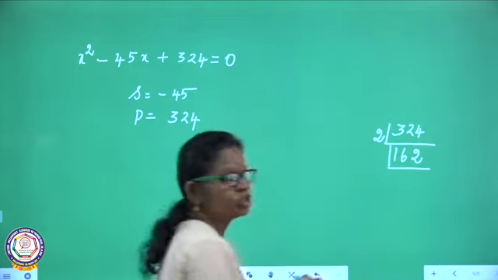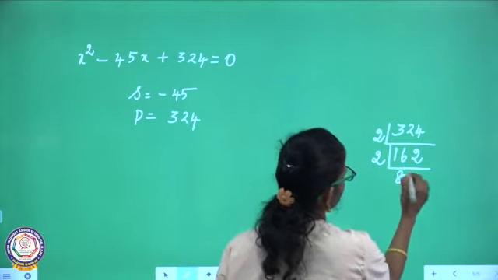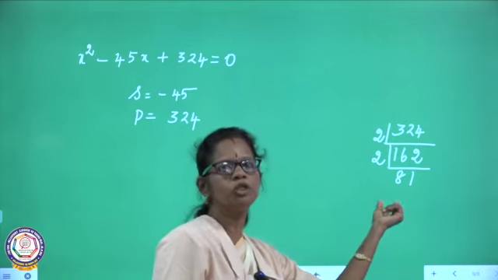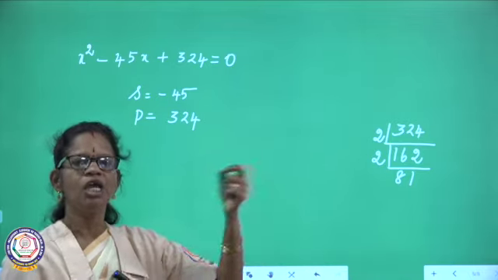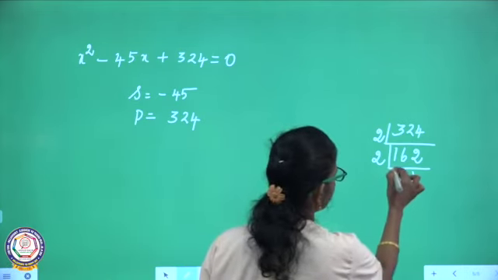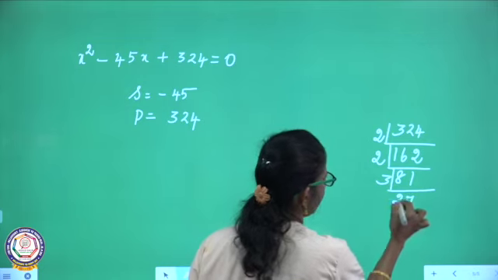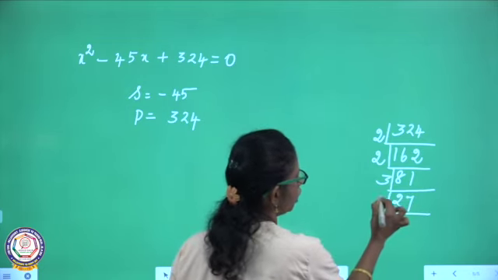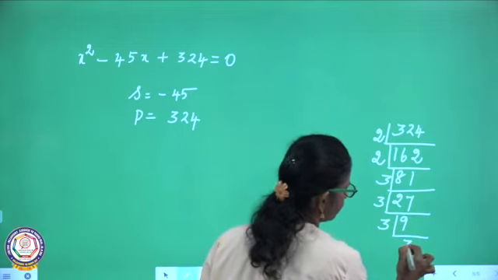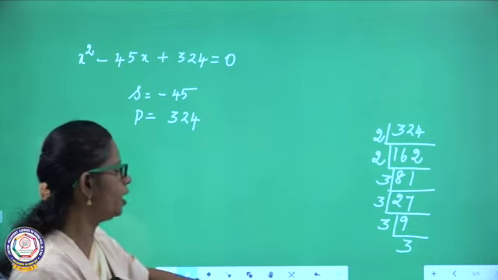Again the number ends with 2, so you can divide by 2: 81. Here 2 is not possible, so you add the digits and see. If it is a multiple of 3, you can divide by 3: 27. Again it is a multiple of 3, you can divide. When you arrive at a prime number, you should stop the division.